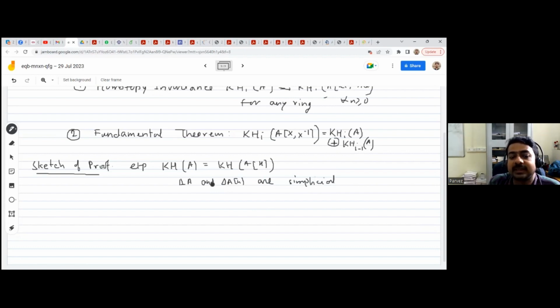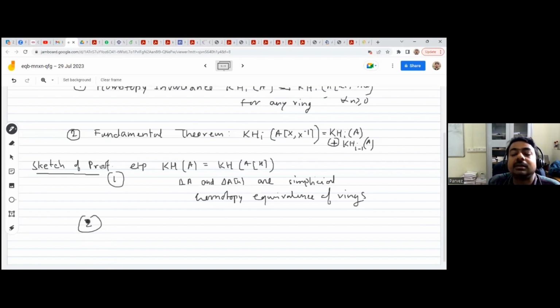I mean, there is a homotopy between this and this, a simplicial homotopy equivalence of rings. So spectra will be the same. Roughly this is the idea, that at each level their simplicial rings are the same up to homotopy.